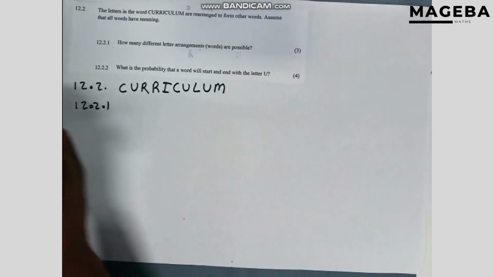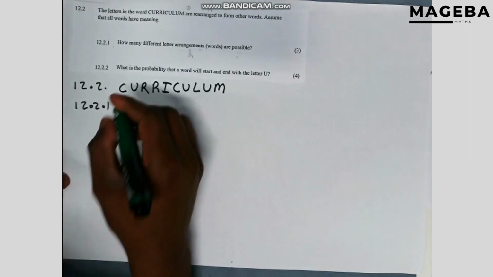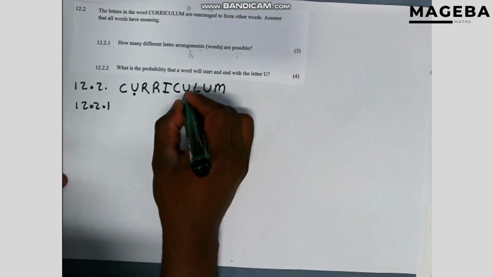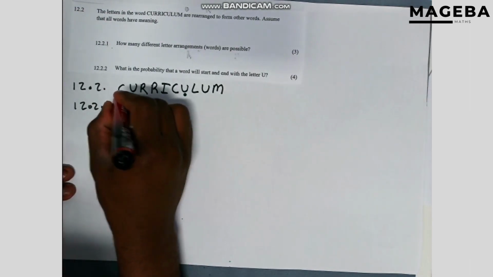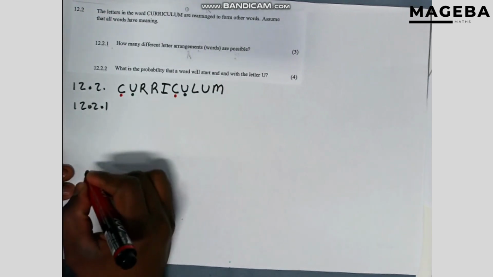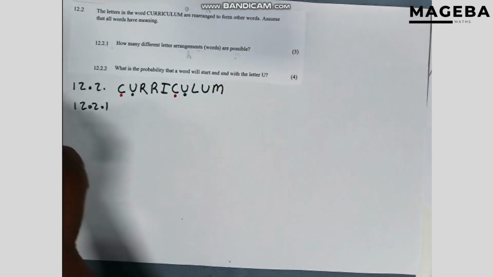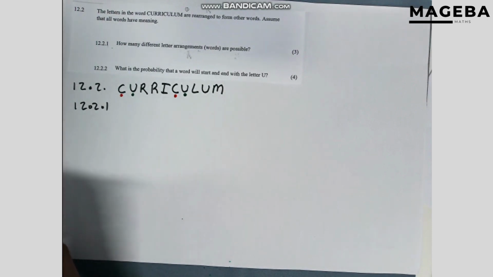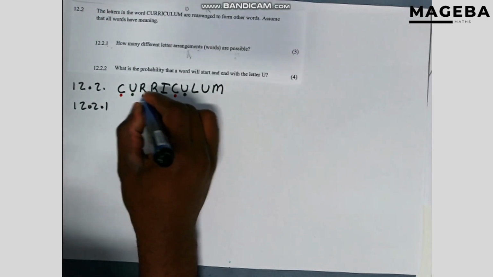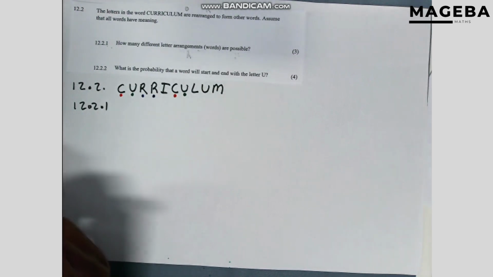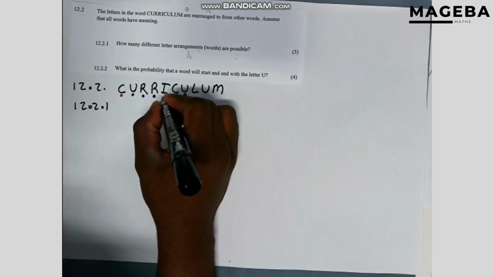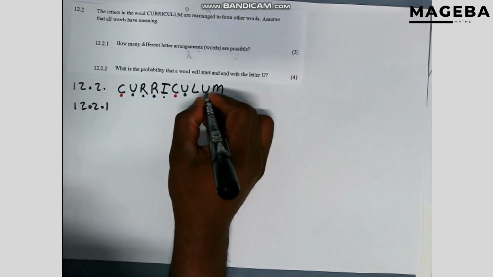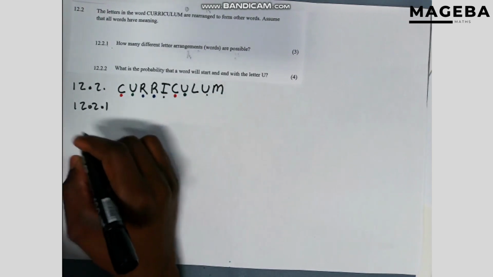Mind you, there are letters that are repeated here. We have U that is being repeated, and also we have C that is being repeated, and also we have R that is being repeated.